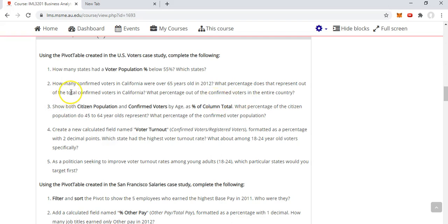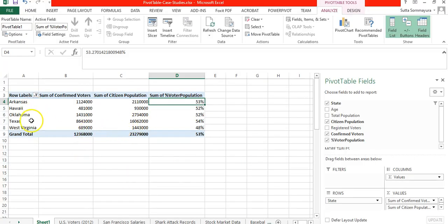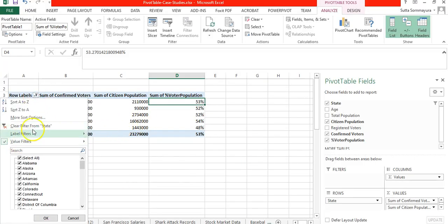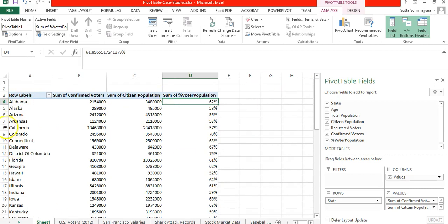So in this case, the first question asks how many confirmed water in California were over 65 years old. In this case, you need to use the filter, right? So we can clear all the filters, and it shows all the states.